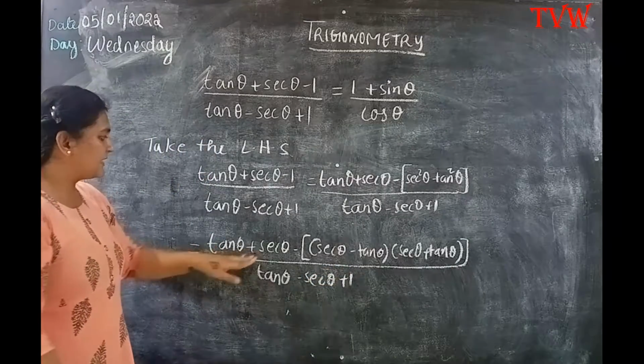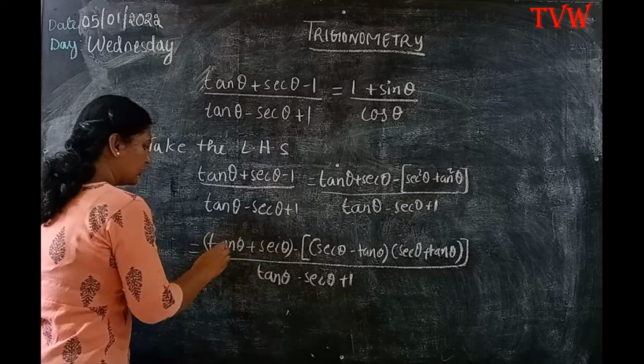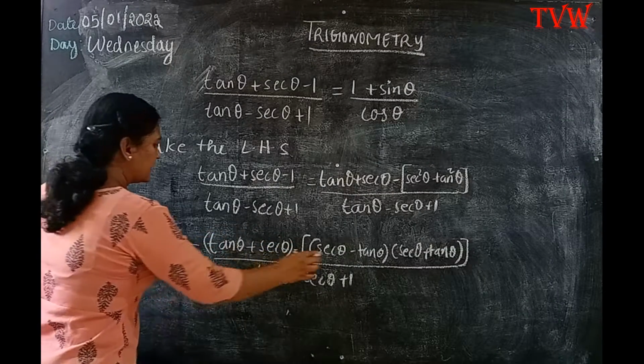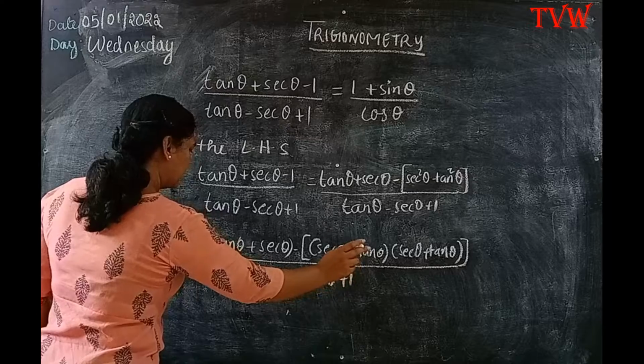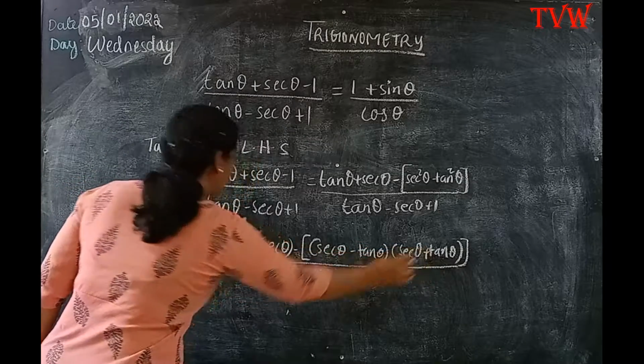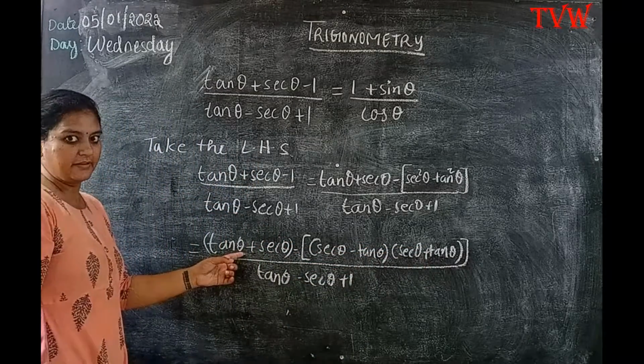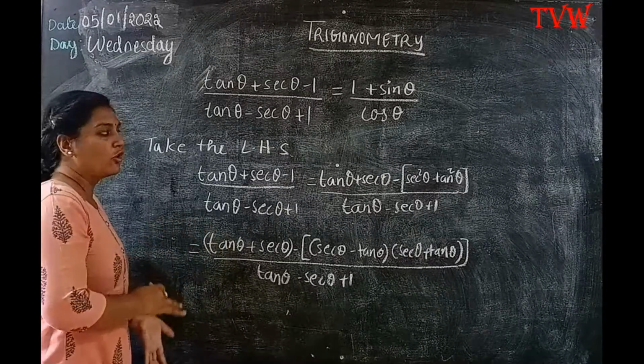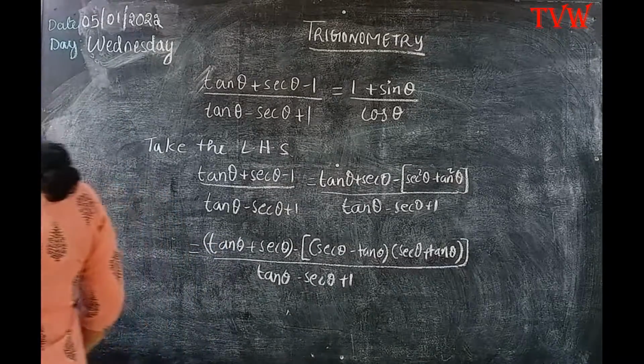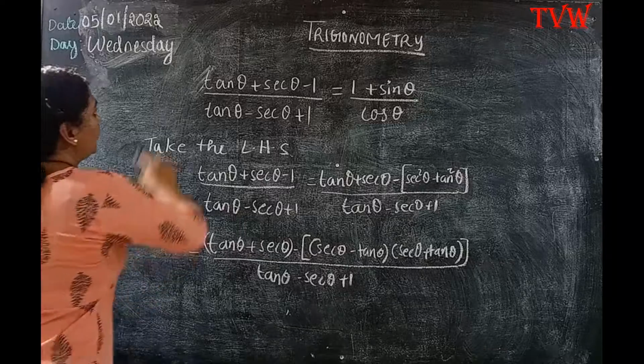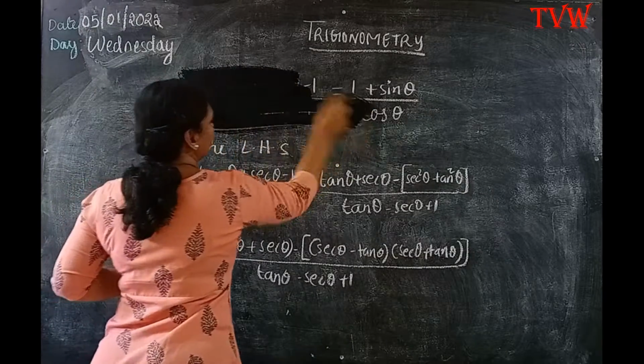Now, tan theta plus secant theta, if I put a bracket over here, now this is one term, I see the same term here, right? Secant theta plus tan theta is nothing but tan theta plus secant theta. So I am going to take that common term out. I am going to erase the question and continue there.